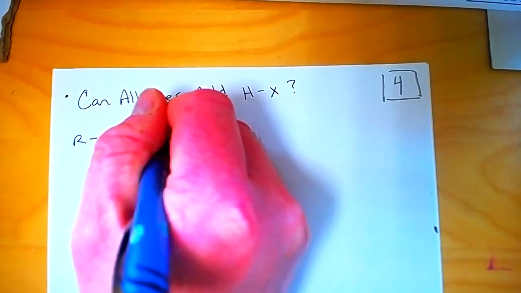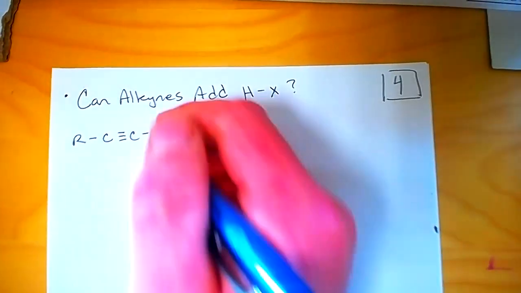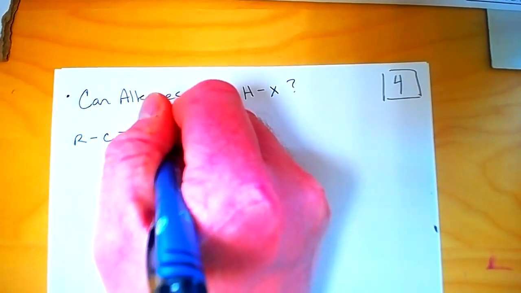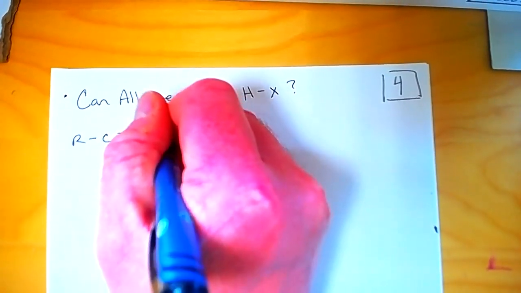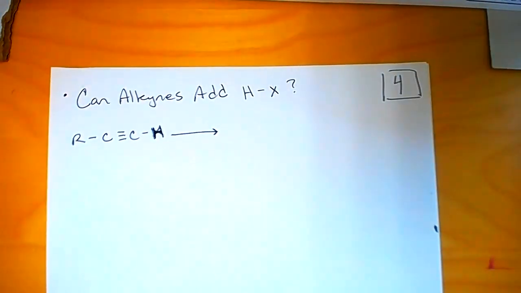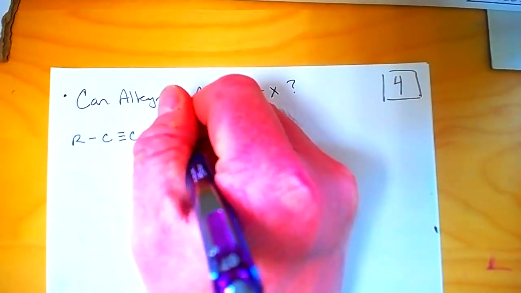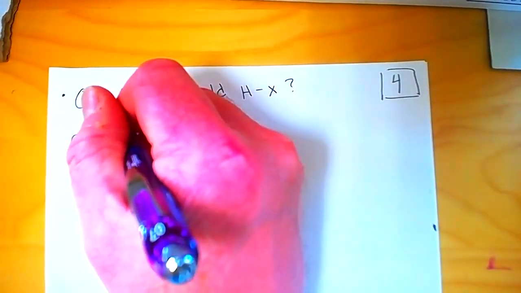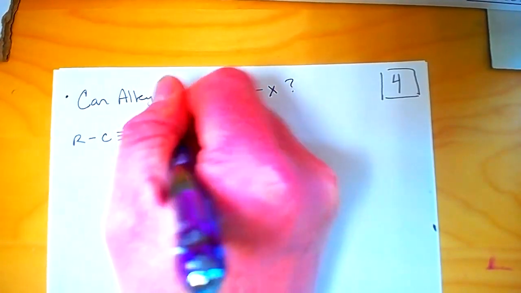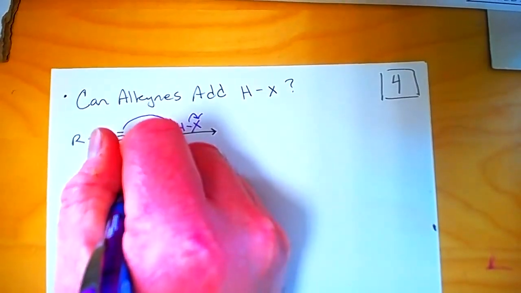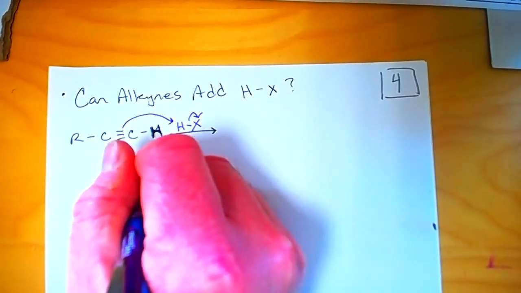They have 2 pi bonds, okay. This is a hydrogen atom here. This is a terminal alkyne. And if we were to treat this with, say, some hydrogen halide HX, you would see your Markovnikov addition, what I'm referring to as Mark addition.